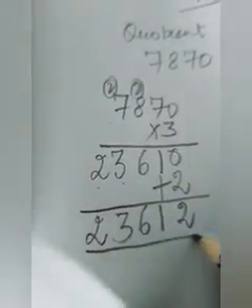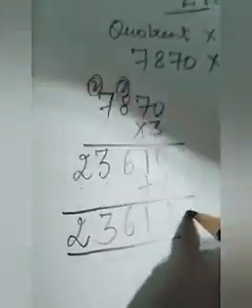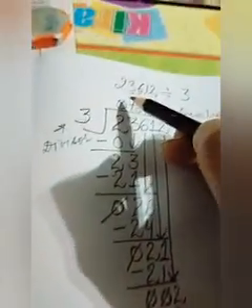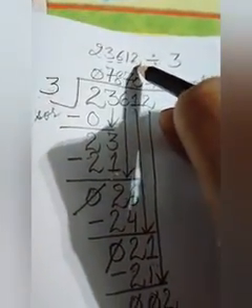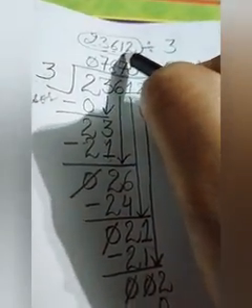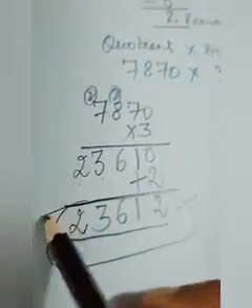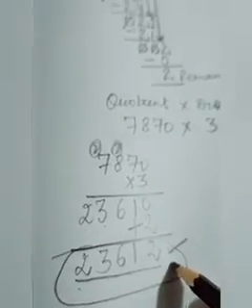We got 23,612. This answer must match with the statement. What was the statement? 23,612. Now this statement is also 23,612 and we got also after calculation, that is 23,612. It shows that our division sum is correct.